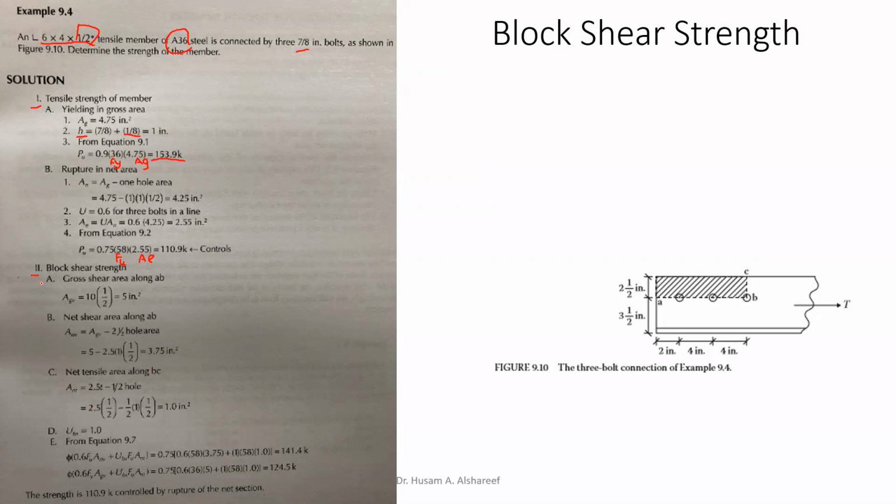As you can see here, we have steps A, B, C, D, and E to be able to work on these 2 equations that we talked about. So we have the net tensile area, which is 2.5 times T, the thickness, minus half times 1 hole. Again, 2.5, just plug and chug, times half minus half times 1 times half, which is the thickness, and this gives me 1.